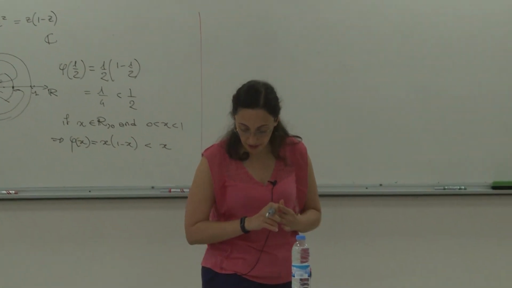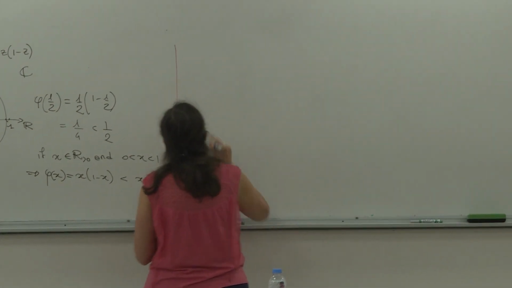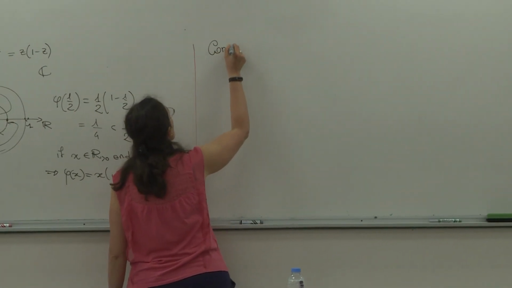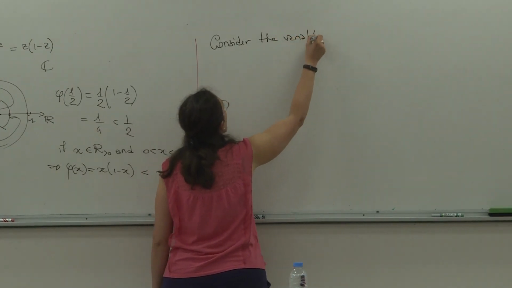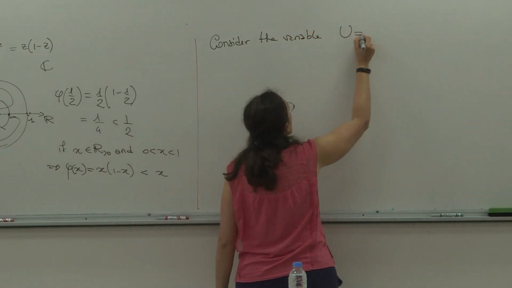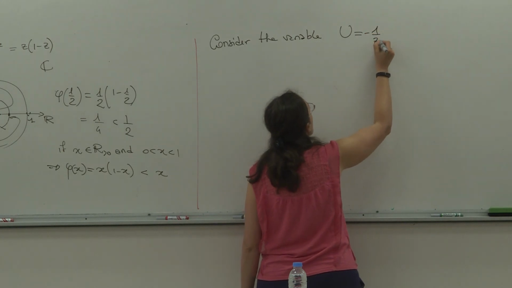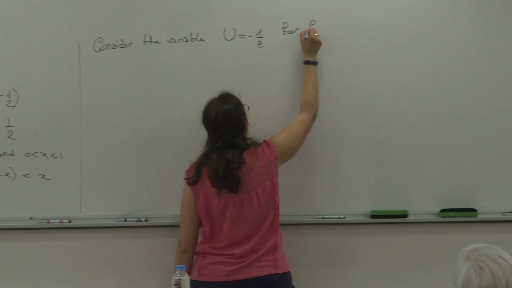And so the idea is to consider the variable u equals minus 1 over z for f.